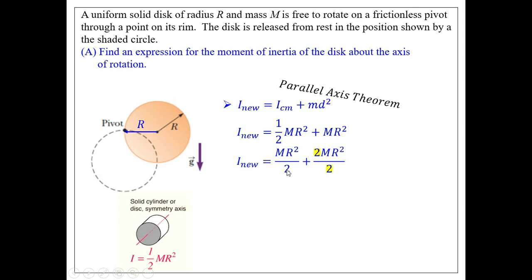Now both terms have a denominator of 2, and the numerator is pretty light work. Here you have mr squared. On the right side, you have 2mr squared. So 1 mr squared plus 2 mr squared is 3mr squared, and the common denominator is 2. Therefore, the final outcome is 3mr squared divided by 2, and that is our moment of inertia referencing the very outer edge where the pivot is.